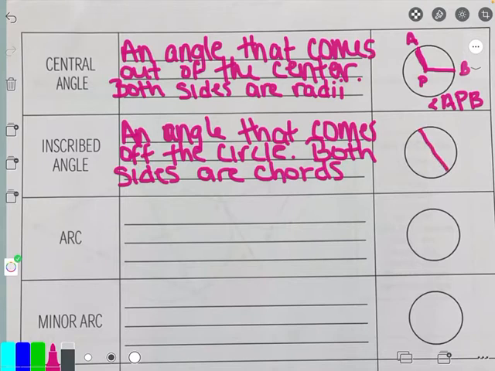So in this case, that angle, that vertex of the angle is coming off the circle itself. So I can call this angle ACB.